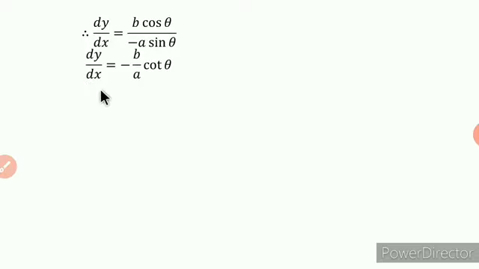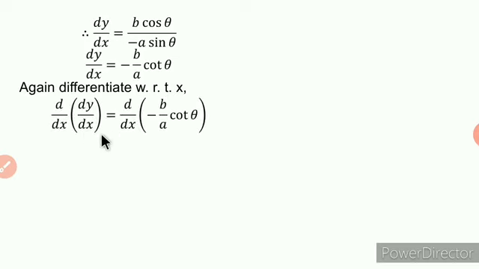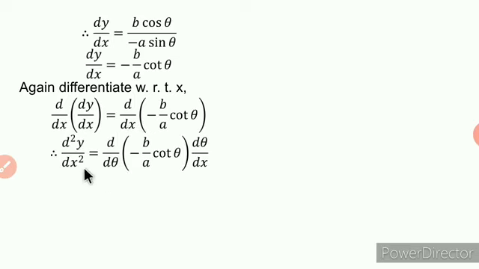But our aim is to find the double derivative, so again differentiate with respect to x, we get d by dx of dy by dx is equal to d by dx of minus b upon a cot theta. Now since again it is a function of theta, we add here d theta. So we get d square y by dx square is equal to d by d theta of minus b upon a cot theta into d theta by dx.